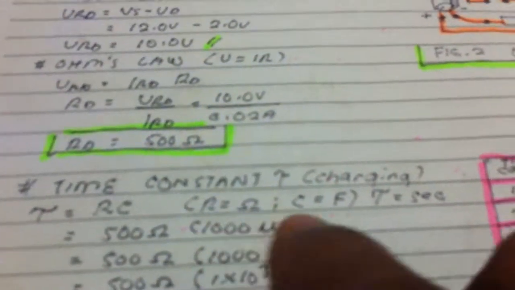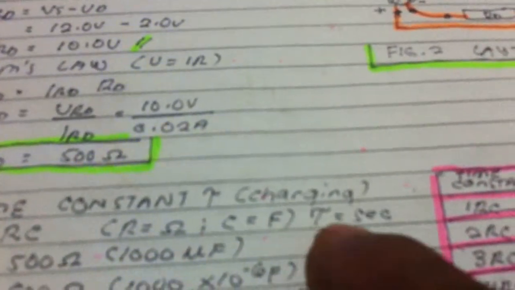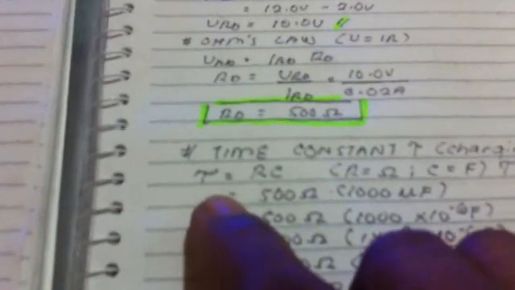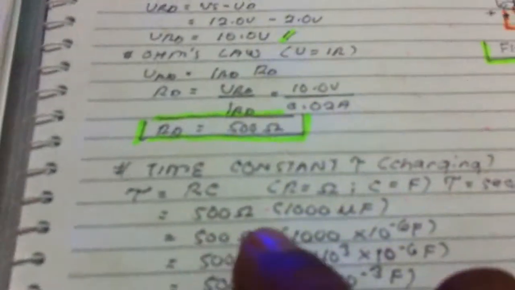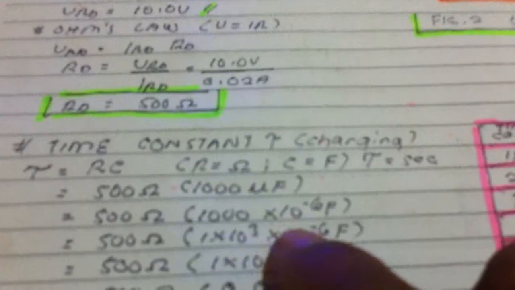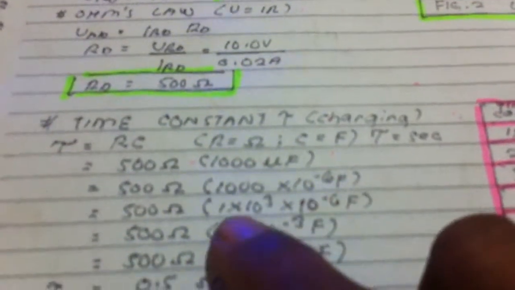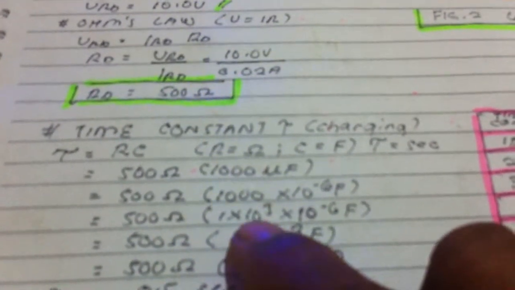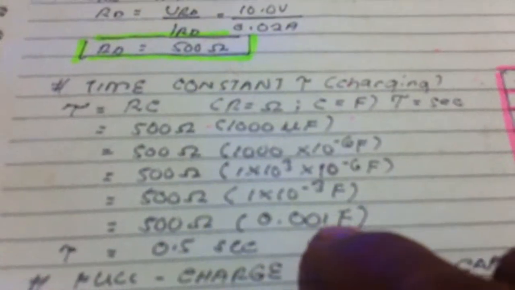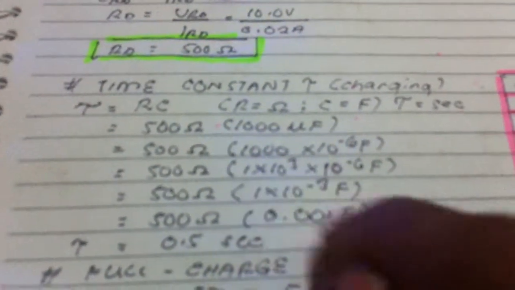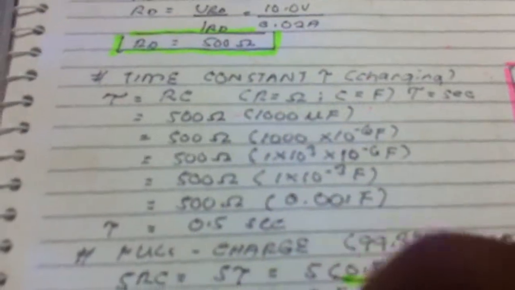Resistor should be in ohms, capacitor should be in farads, tau should be in seconds. Now for the time constant we have resistor value 500 ohms, then 1000 microfarad, equivalent to 1 times 10 to the negative 6. This is converted to 10 cubed, negative 6 plus 3 becomes negative 3, and the equivalent of this is 0.001, transposing it to the left. Then we got a time constant of 0.5.